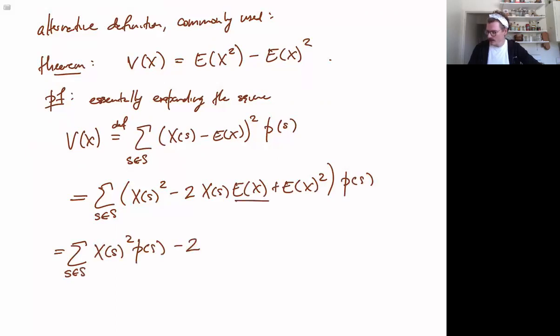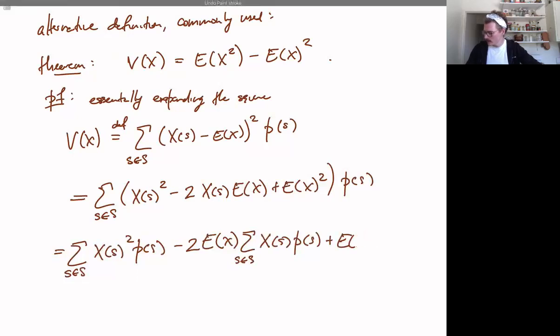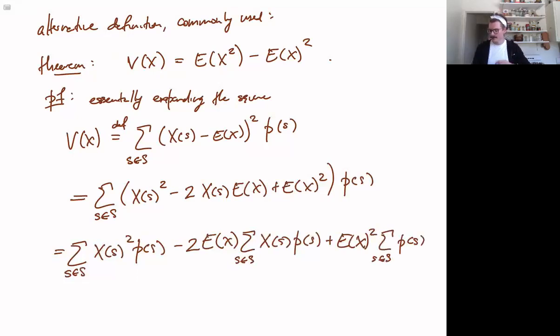So this guy, which is going to appear in this term in the sum, is a constant, so we can just factor it out the front. And what we are left with is x of s, probability of s. And in the last term, this whole thing is a constant, so we can factor it all out. And what we get is this.